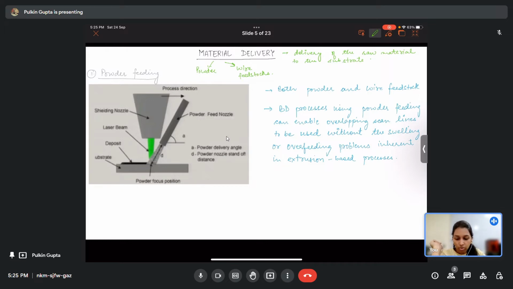Okay, so on the left it is a schematic of a powder feeding system. Each one of them has its own benefits and drawbacks, and we'll be looking at them in a sequential manner.